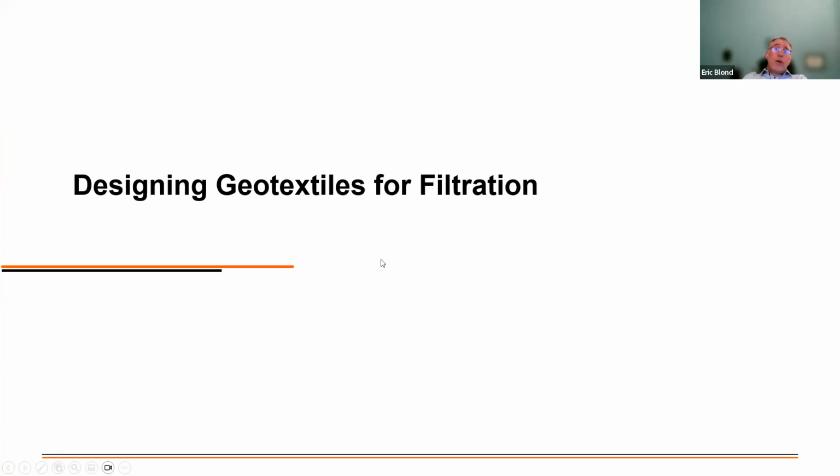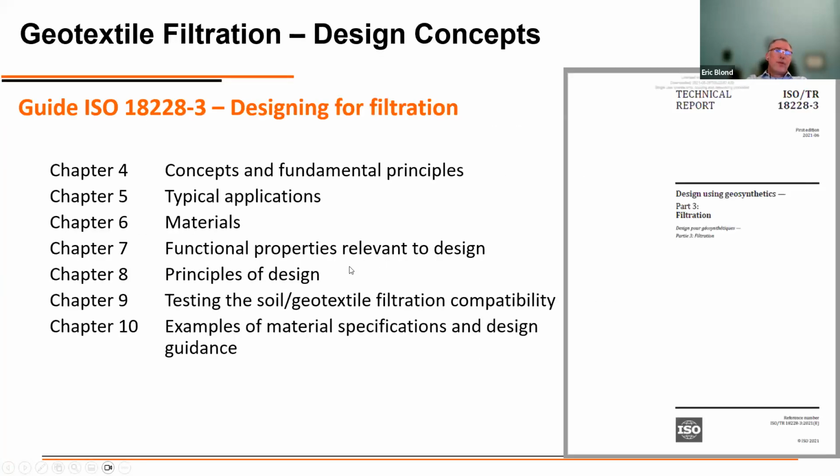So we can enter now what was done in the ISO work. Basically, you can obtain this document directly from ISO. You can see on the right-hand side here what it looks like. It's a technical report. It's not a standard. It's a technical report providing information on how to design using geotextiles for filtration.